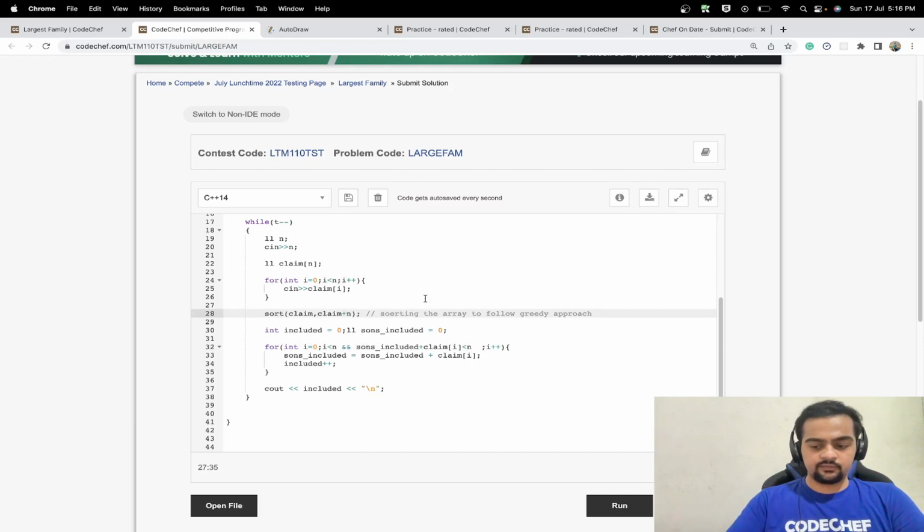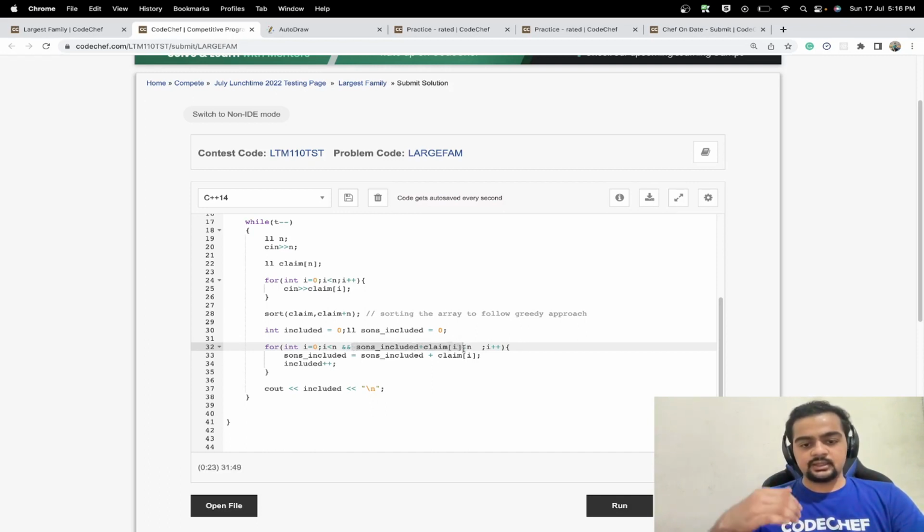that is consisting of all the claims that are being made, and we are just checking if by including a particular claim, that is, each person will come and make a claim i, and these are in ascending order as of now, since we have already sorted that array, and we are seeing if sons included plus claim of i doesn't break our limit. So our limit is sons included less than n, or less than or equal to n minus 1.